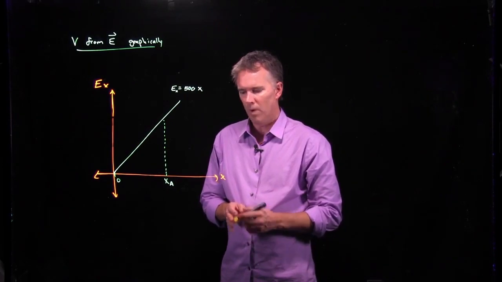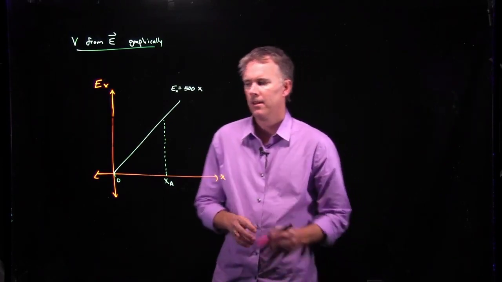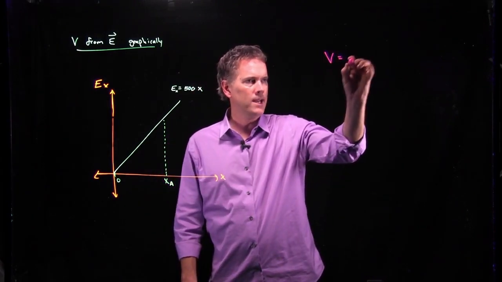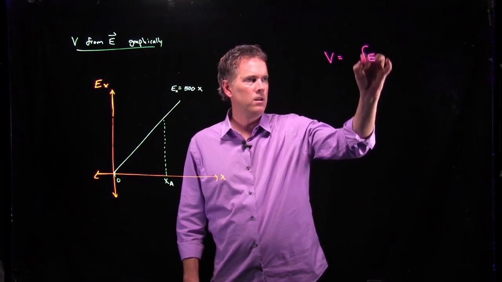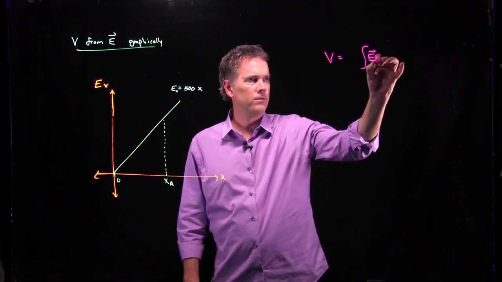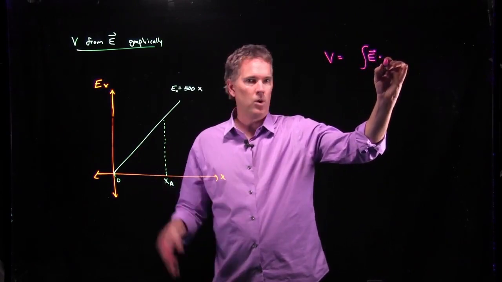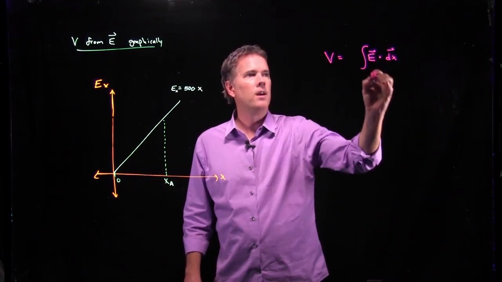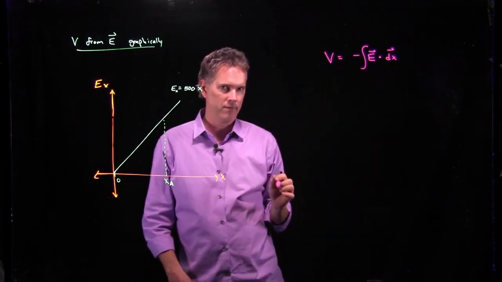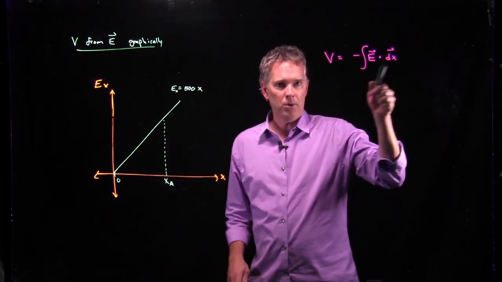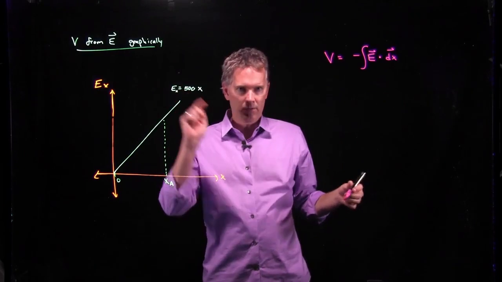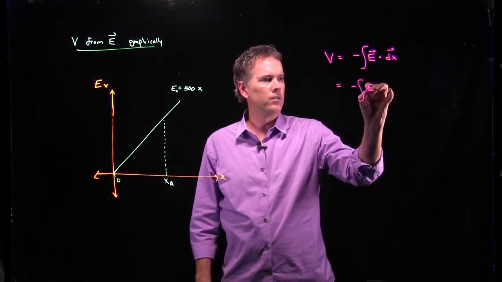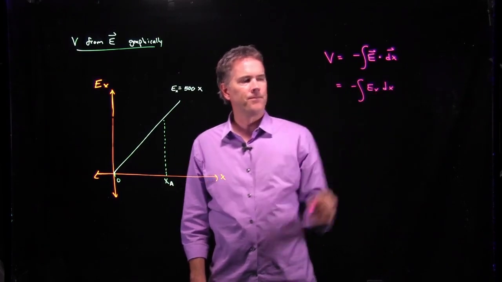All right, how do we do this? Well, what we said last time was that the potential V is related to E through an integral. In this case, it's all one-dimensional, so we can just write this as dx. And there is a negative sign out in front. The dot product here just picks out the x component of E, and so this whole thing just simplifies to that.